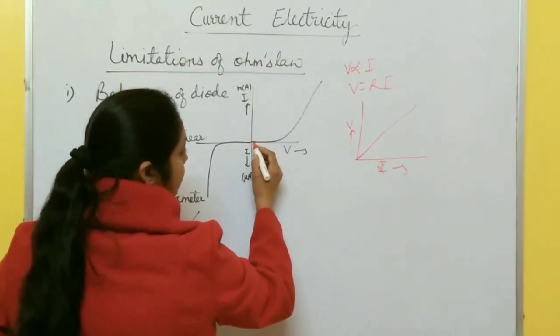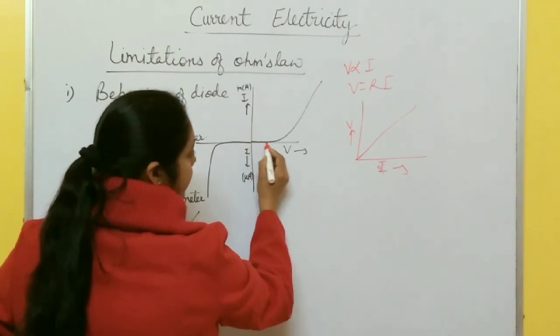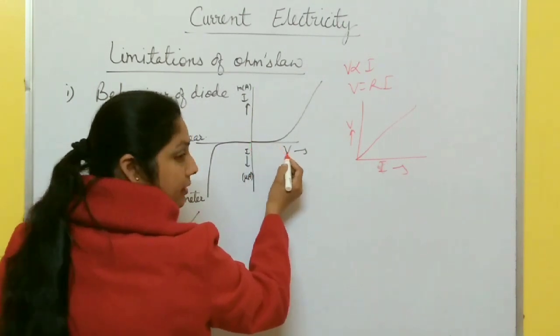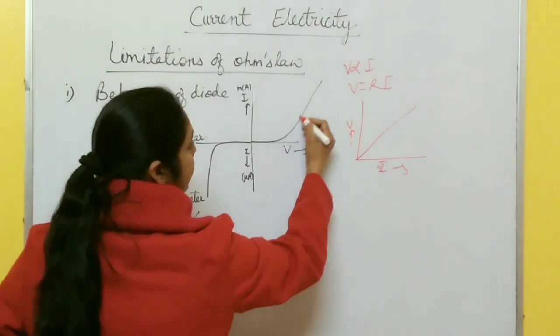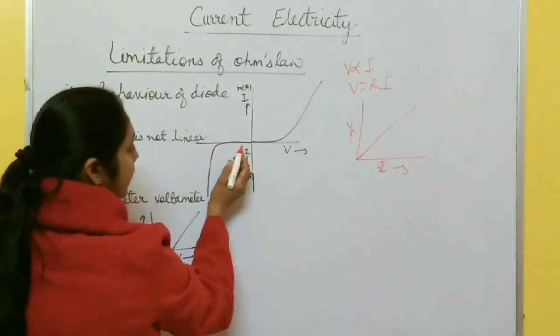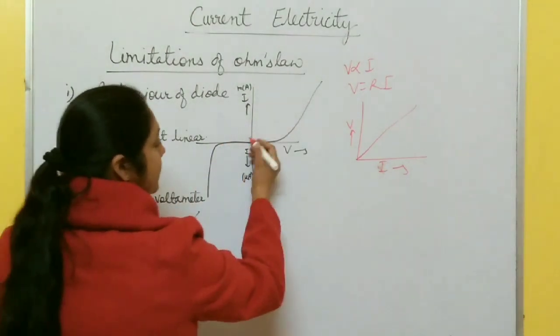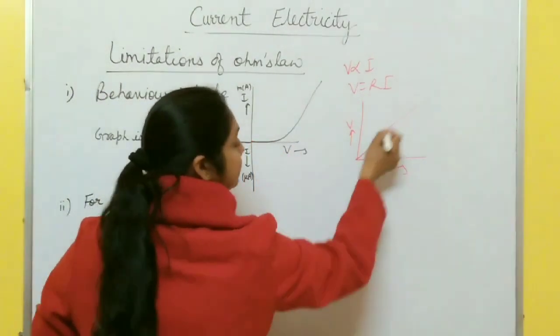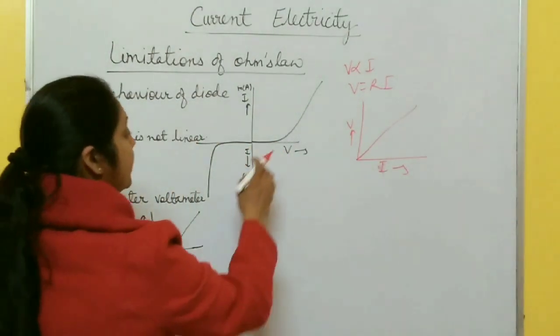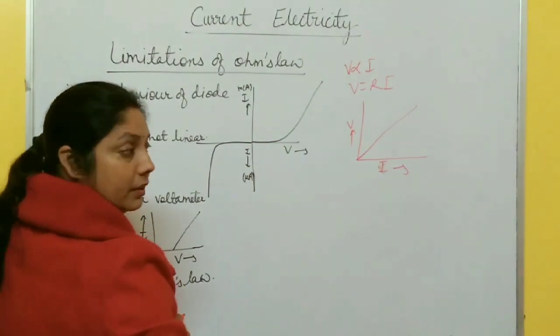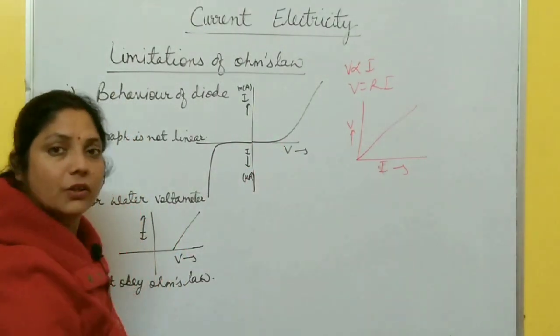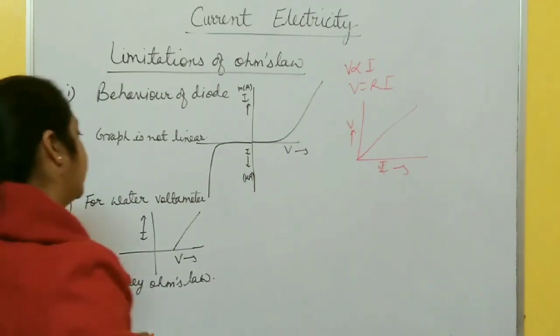Sometimes current is constant when you increase V, and after that it increases with the increase in V. Again here, in reverse biasing, it also increases instantly. So it is not a straight line like metals. So it does not obey Ohm's law, right? And this type of material is called a non-ohmic conductor.